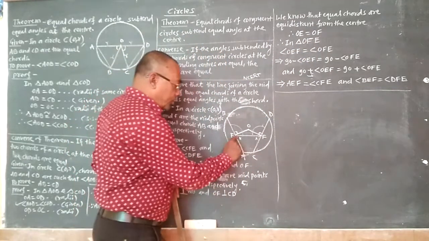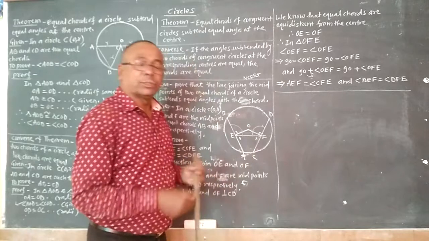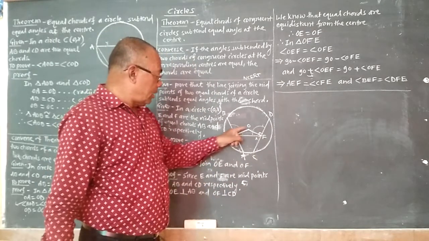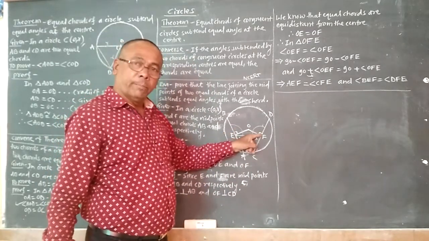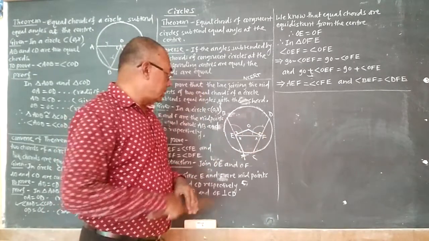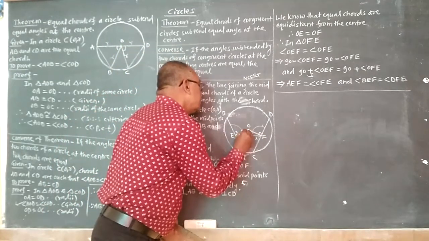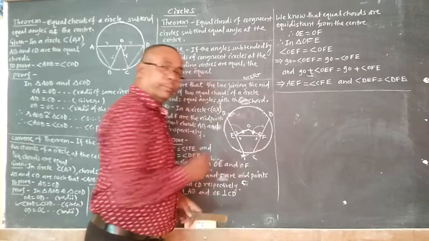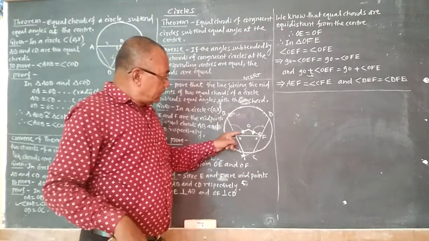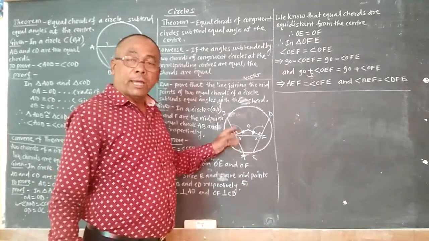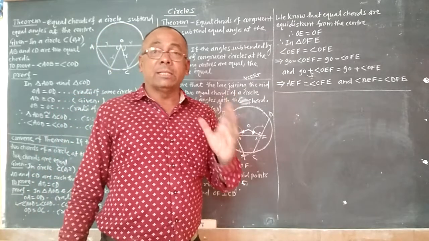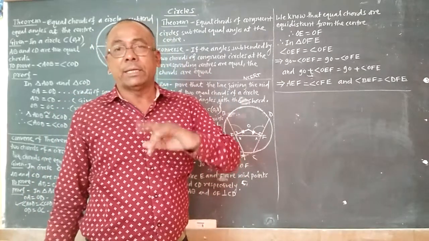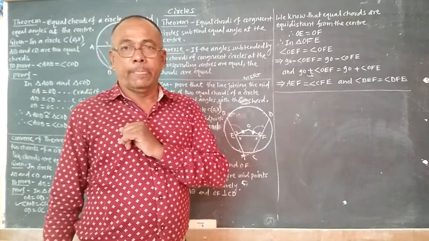Here we have joined EF, and due to this we get triangle OEF. In this triangle OE equals OF, which means this is an isosceles triangle, and we know that angles opposite to equal sides are equal.